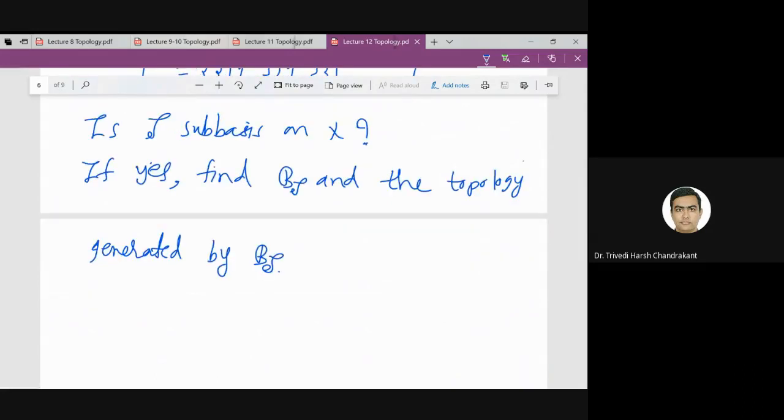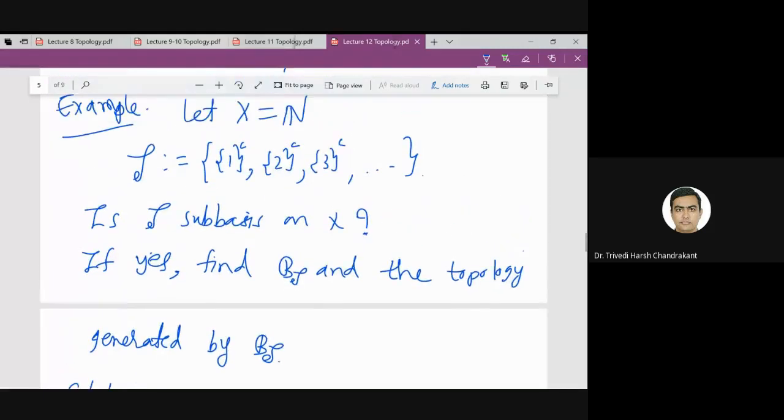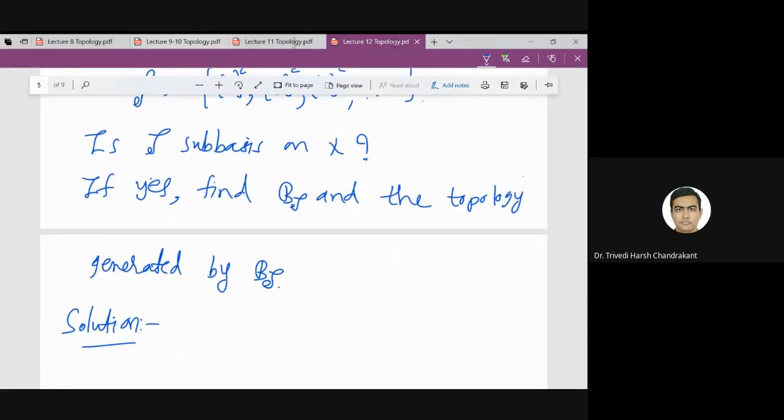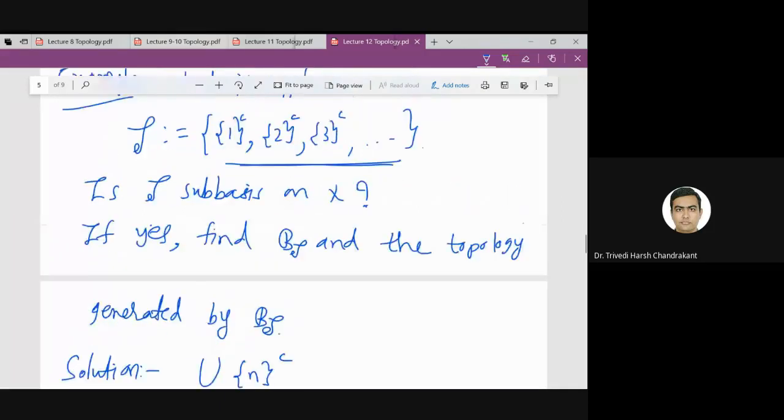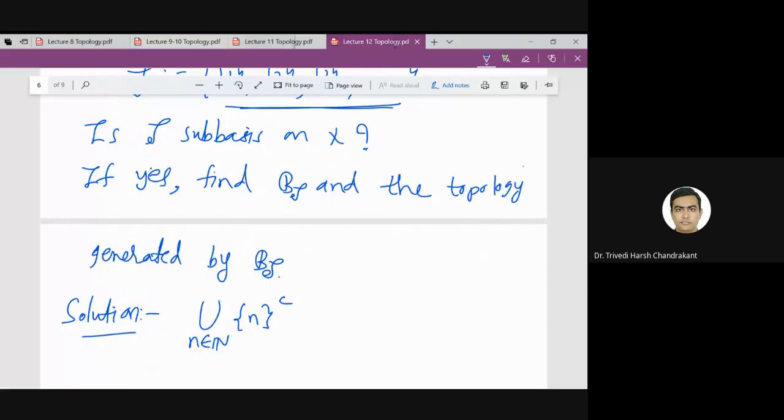So the answer is yes, that is correct. Why is this a subbasis? Because if we take the union of the complement of singleton n, n belongs to N, that is exactly the union of all these sets, the elements of S. So what is the union?